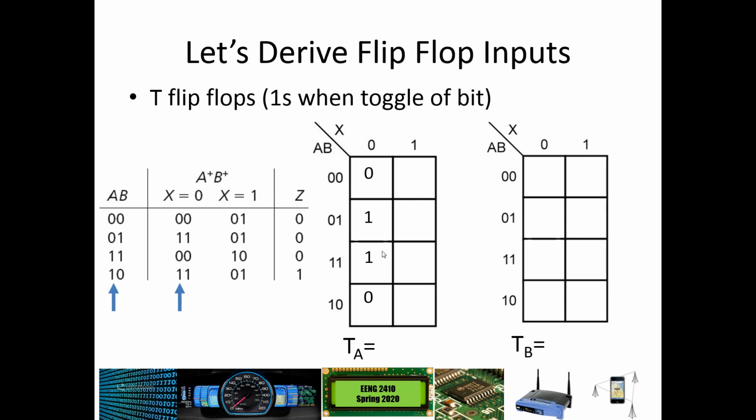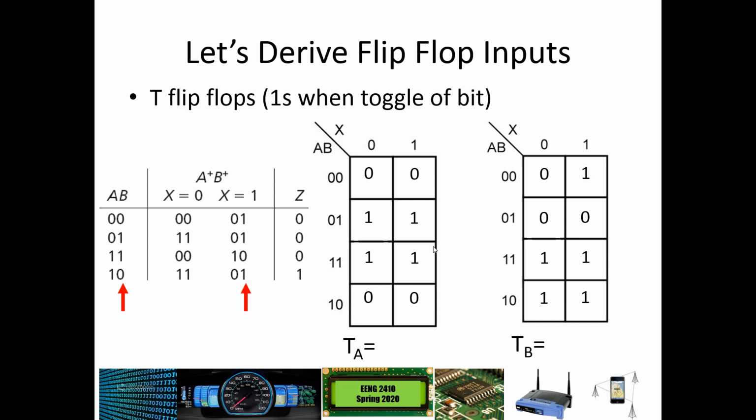And then we look at our x equal 1 column over here, and we see that again the middle two are the ones that change. And going over to our B, looking at the rightmost column, we see that we have a change in the bottom two. The top two stay the same.